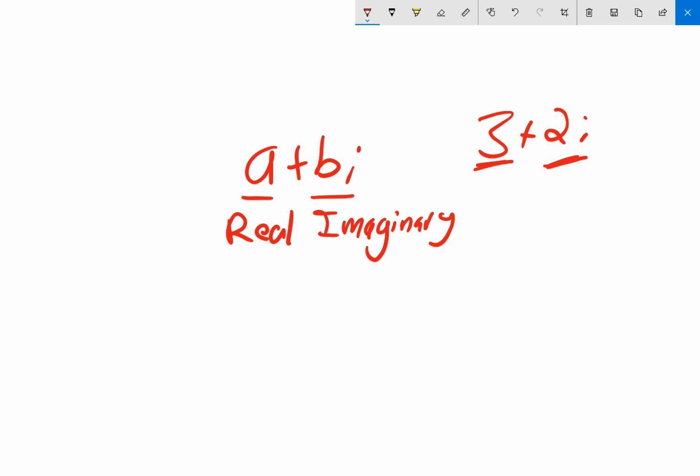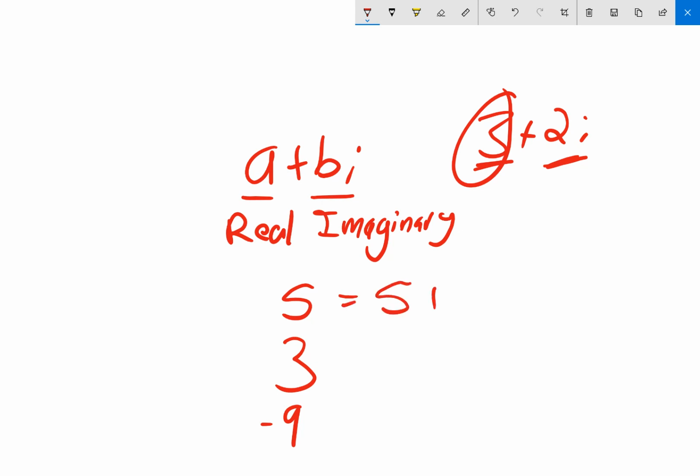So let's talk about each of these answer choices. A: every real number is a complex number with an imaginary part of -1. Real numbers are regular numbers, like 5, 3, and -9. So that's saying that 5 is the same thing as 5 plus -1i, which is just 5 minus i.